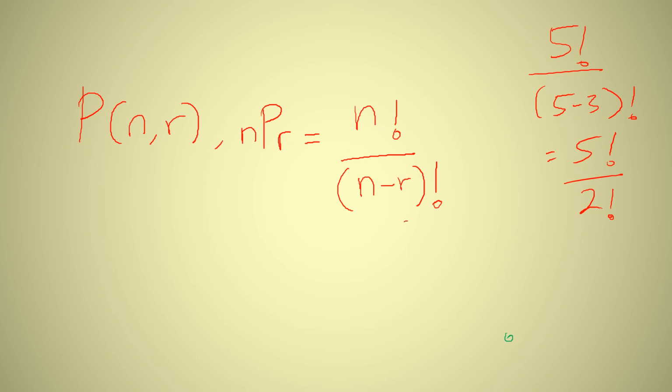So here n will be 5, and this will be 5 minus 3, so 5 factorial over 2 factorial.